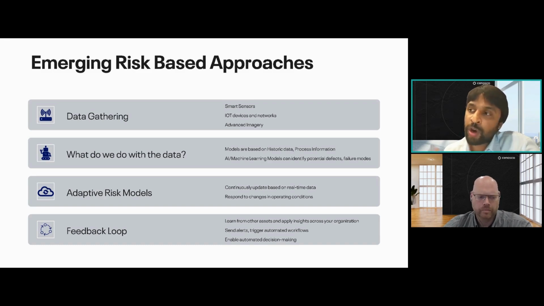Historically, or even conventionally, what would happen, and is still happening in most places: the inspector goes out to the field and performs an inspection. It could be a visual inspection, it could be an NDT inspection technique, and inspectors are gathering inspection results and findings based on the inspection task or activity. Let's say they're doing ultrasonic thickness measurement, they're getting wall thickness results, which are captured and then sent over for analysis, right?